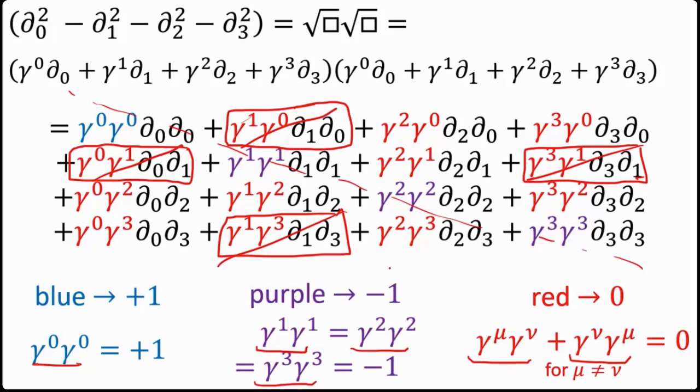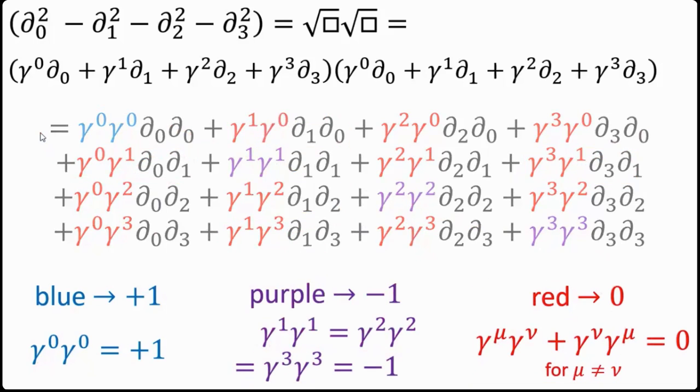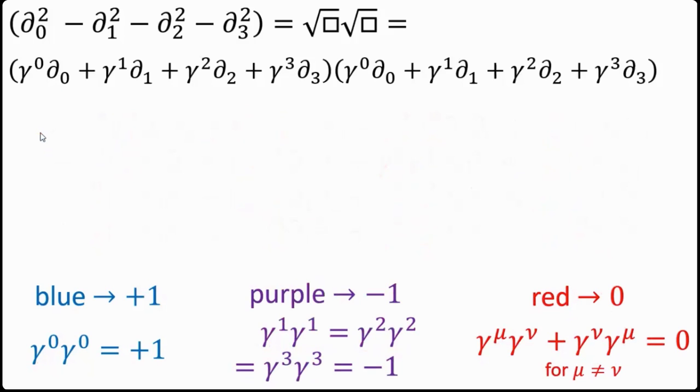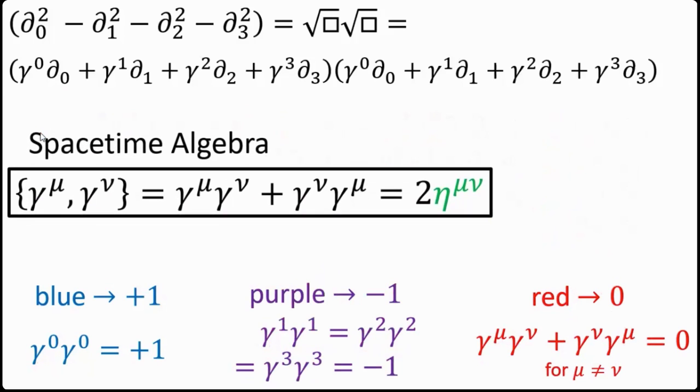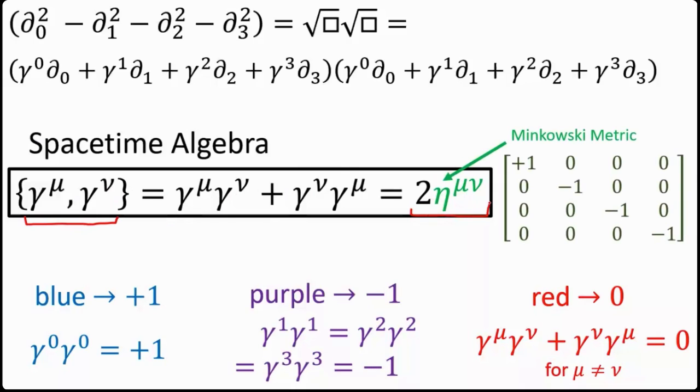So the blue and purples give us the diagonal terms we want, and then this anti-commuting property will cause all the off-diagonal terms to go to 0. And we can summarize all of these with this equation here. This is the anti-commutator, and the anti-commutator is going to be 2 times the Minkowski metric.